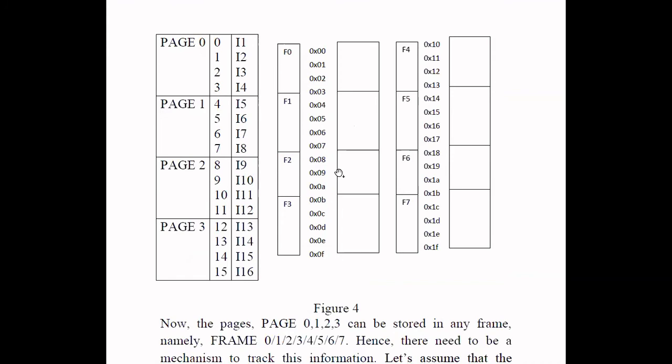Obviously, since the physical memory frame size is 4 bytes, the instructions have to get divided into pages of 4 bytes each. Then it so happens that when this page is allocated a particular frame, that frame space is not being utilized efficiently.